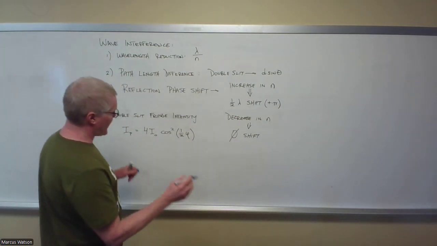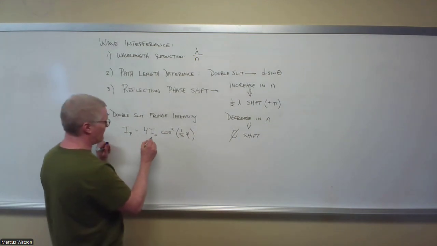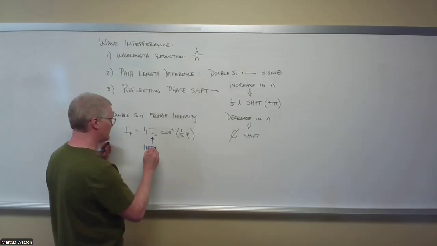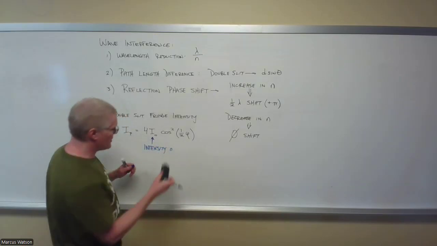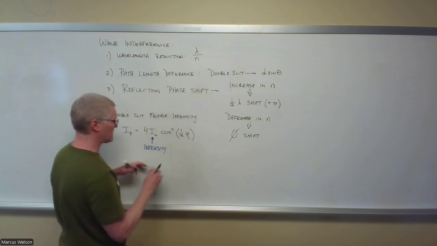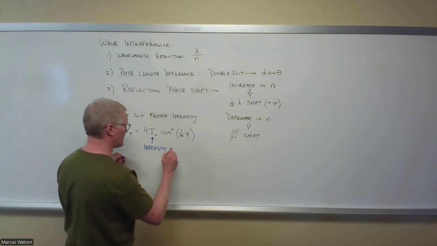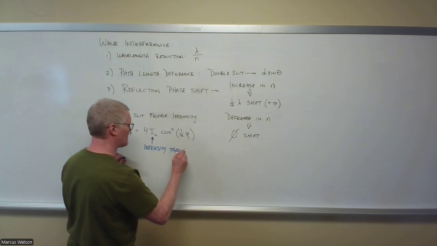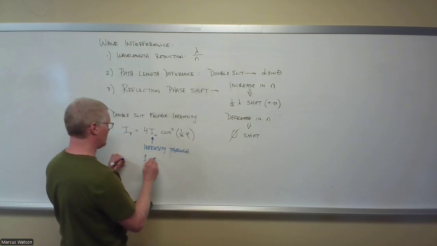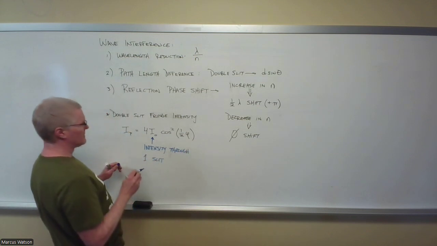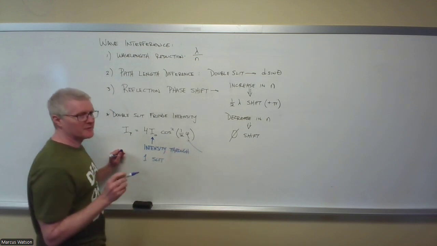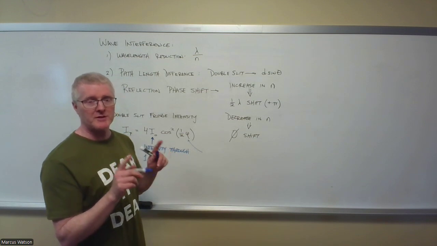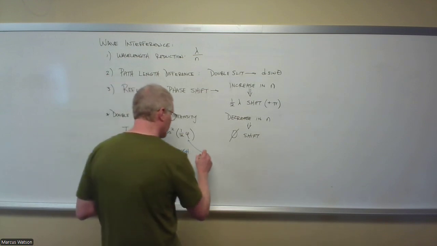Okay. So this is the intensity, say through one slit. Okay. And this is the phase angle between the two electric field vectors.